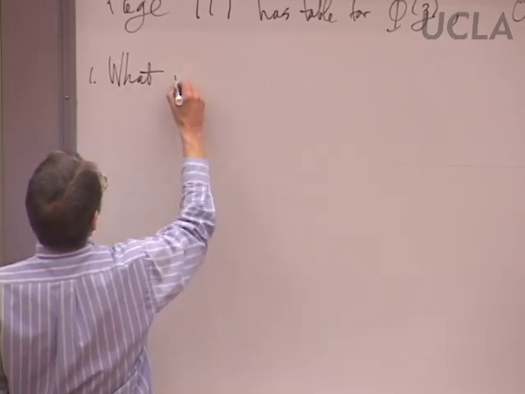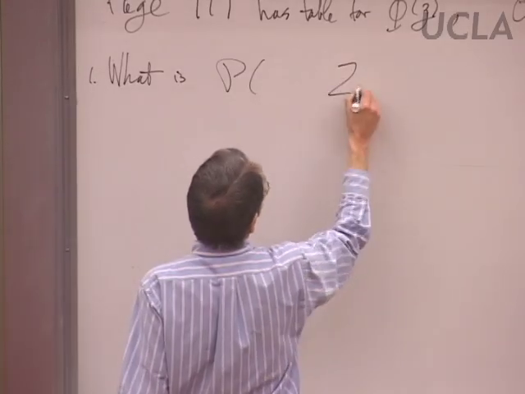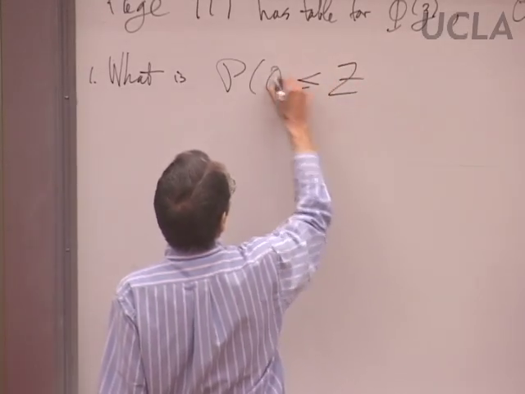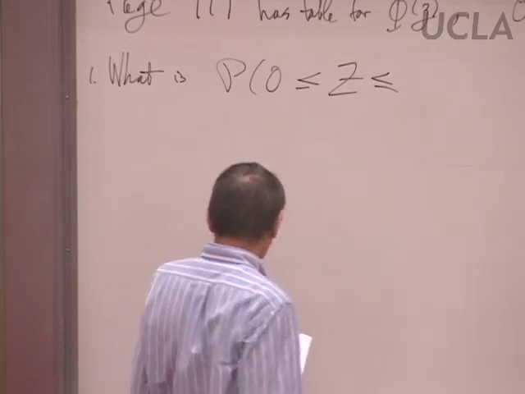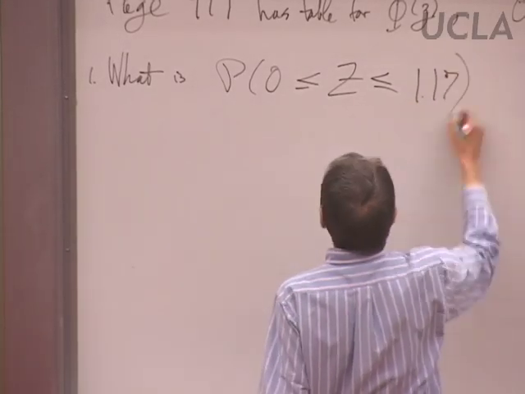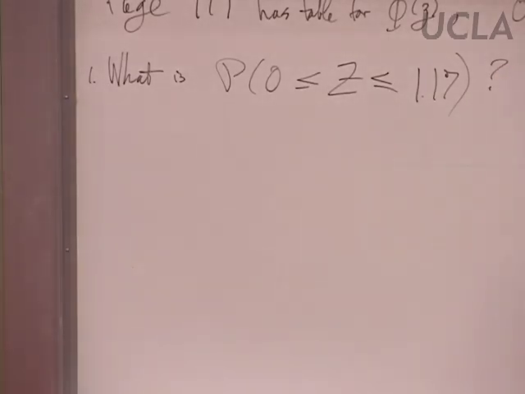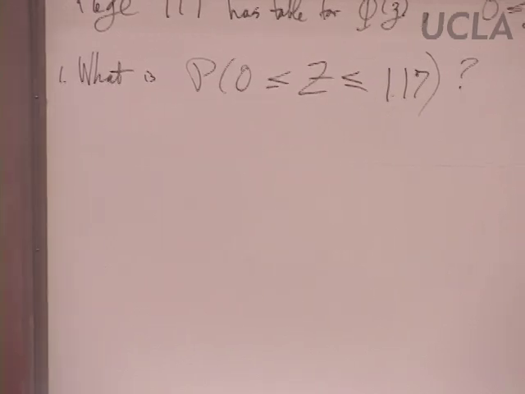But suppose we have some numbers. Where z has the standard normal distribution, what if we want the probability that z is in that interval, 0 to 1.17?